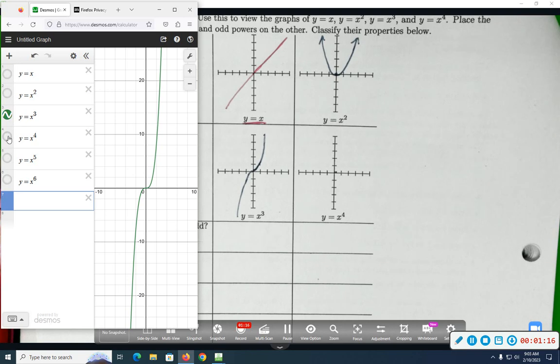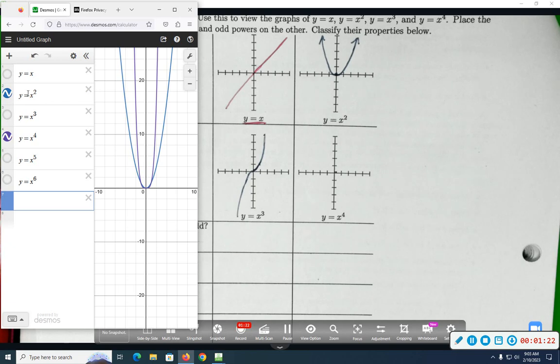Let's pull it up along with y equals x squared. How would you say those two functions compare? What are some words you could use to describe similarities or differences? Well, they both kind of have the same rough, bowl-ish shape, right?